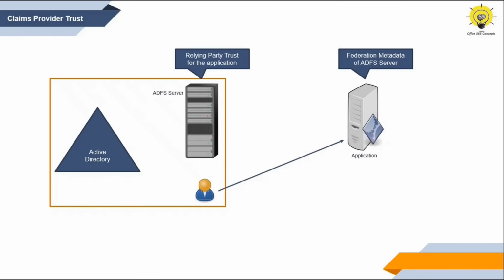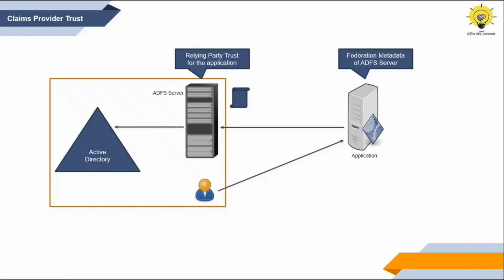And the ADFS server knows that for any request coming from this application, it will have to issue a security token including the claims. And to get claims, ADFS reaches Active Directory. ADFS asks Active Directory to authenticate the user and in return issue a particular claim.